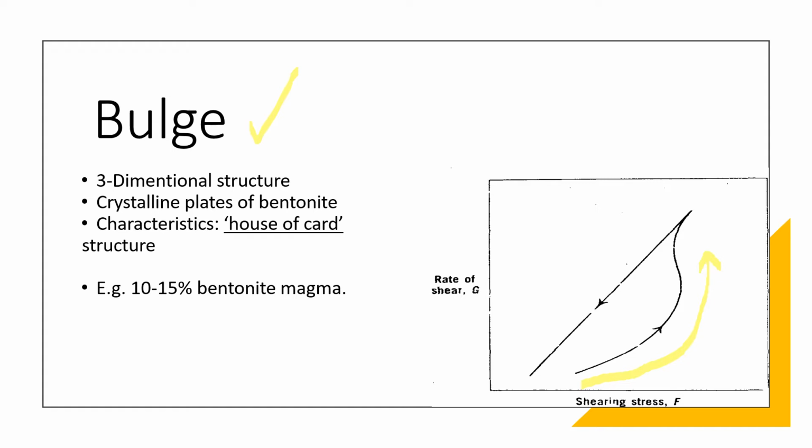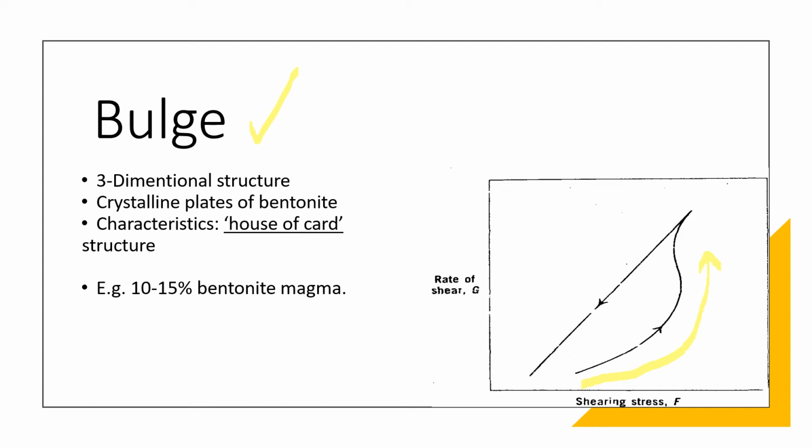Such a complex structure is shown by, as an example, bentonite gel, especially when it is of 10 to 15% consistency. And this characteristic bulge is in the up curve, not in the down curve, please note it.